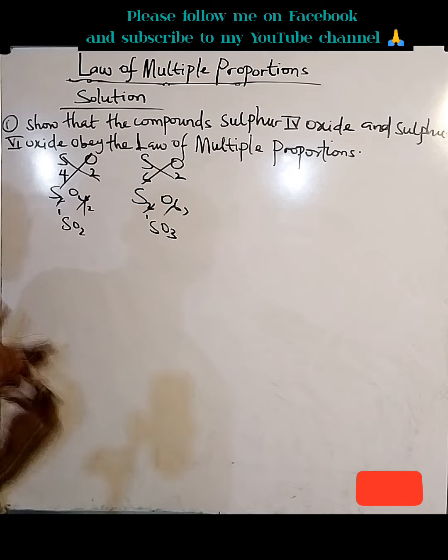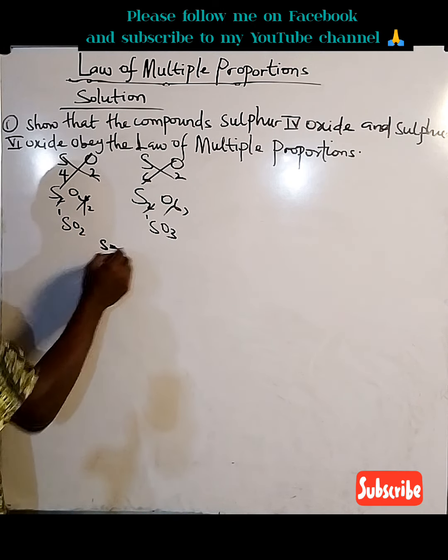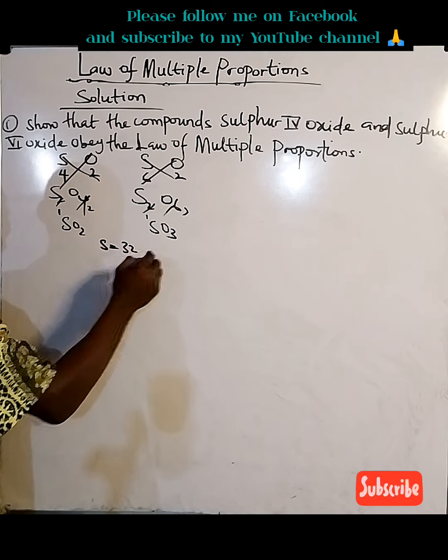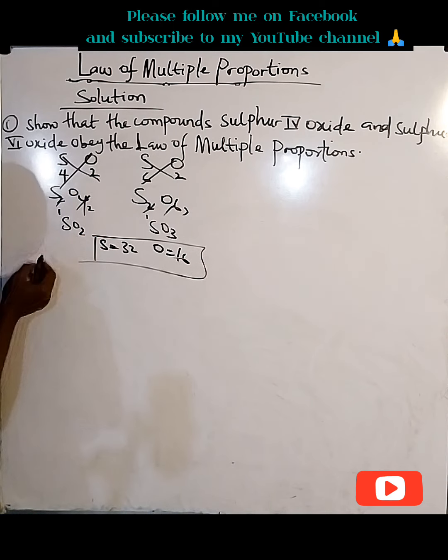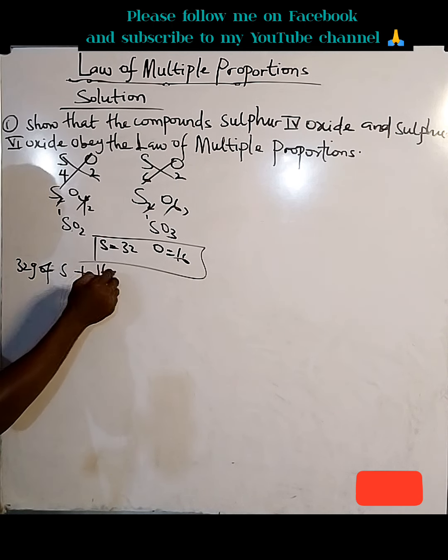But you can carry out some arithmetic work to show that they obey the law of multiple proportions. Sulfur has an atomic mass of 32, oxygen is 16. It's 1 atom of sulfur here, so 32 grams of sulfur combines with 16 grams of oxygen.